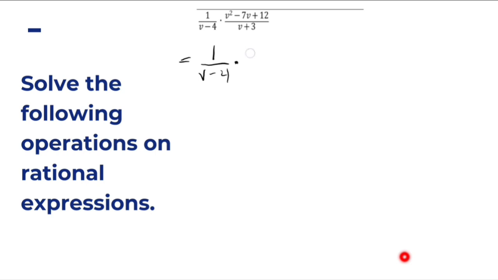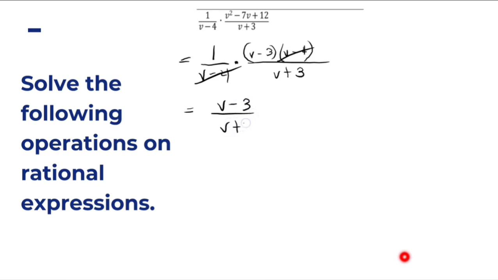We have v minus 3 times v minus 4 all over v plus 3. Cancel all the common factors. We have v minus 4 and v minus 4. So what is left is 1 times v minus 3, which will give us v minus 3. So for the denominator, we have v plus 3.